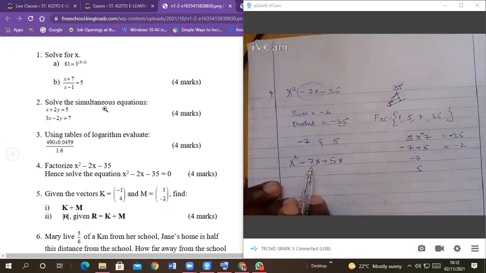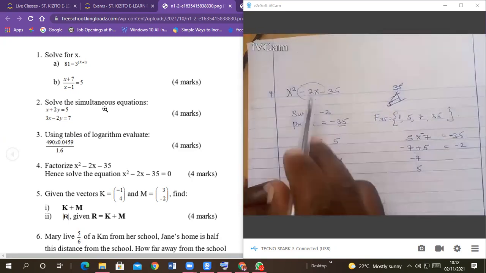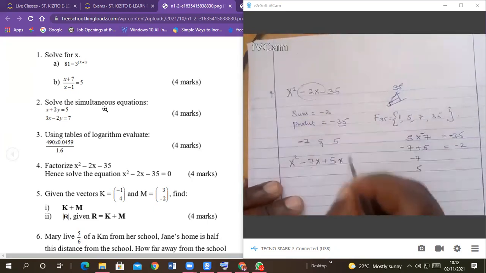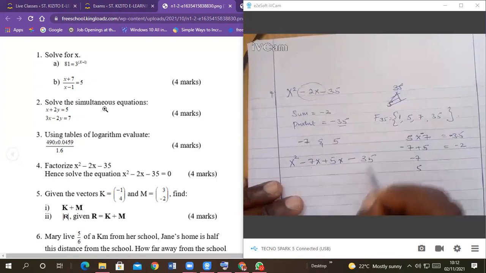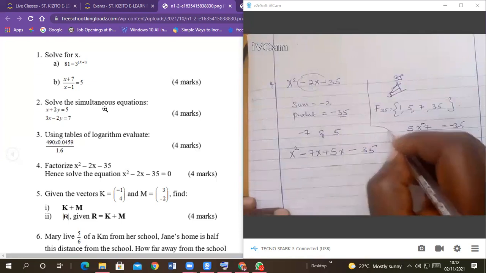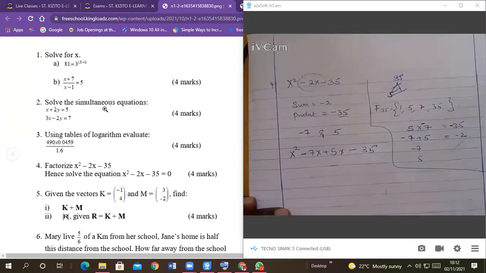Of course, -7x plus 5x takes me back to -2x. Then I'll bring now minus 35. So this is how you're supposed to do it.